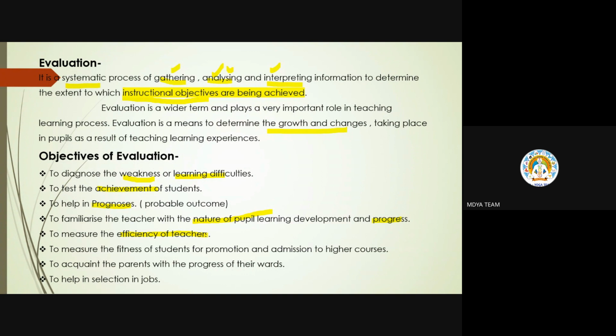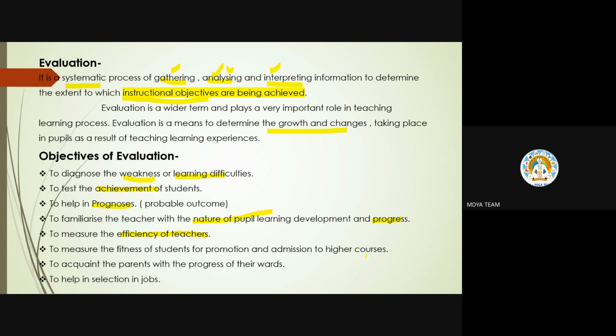So it may be concluded that all 40 students were not able to understand the concept, maybe the teacher has not explained the concept properly. So evaluation also measures the efficiency of the teachers.